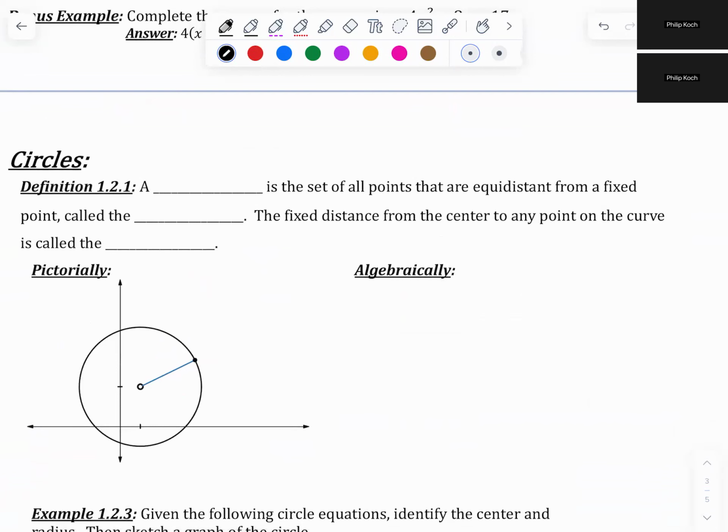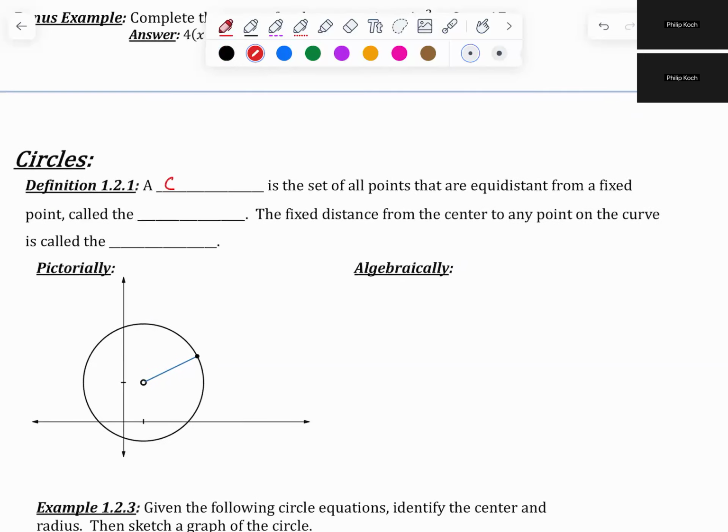So a circle, we're not really interested in it as a geometric object. We're thinking of it as a two-dimensional object, thinking about how it appears in the plane. So a circle, of course, is the set of all points that are equidistant from a fixed point called the center.